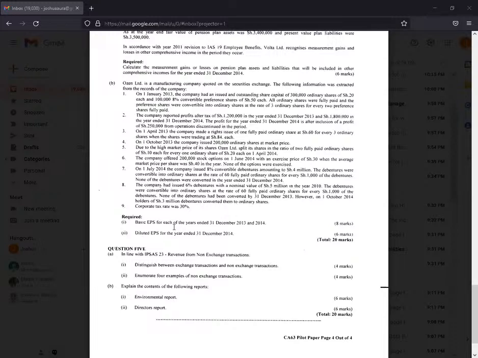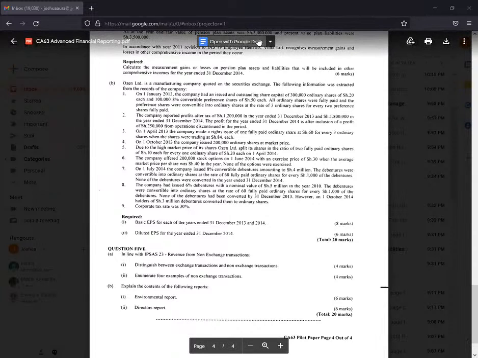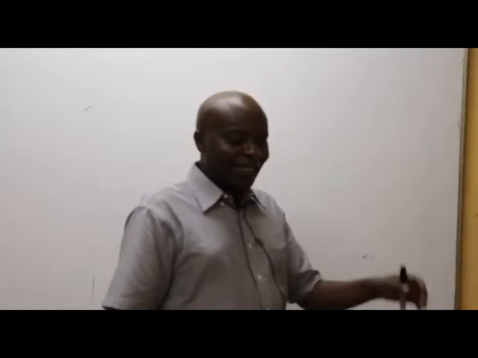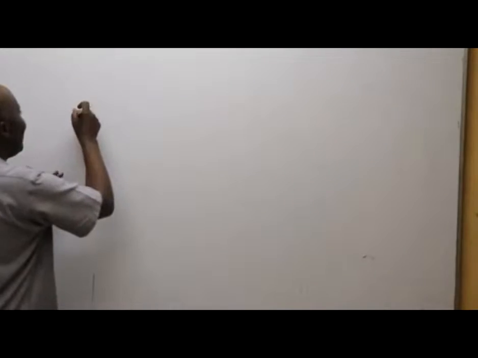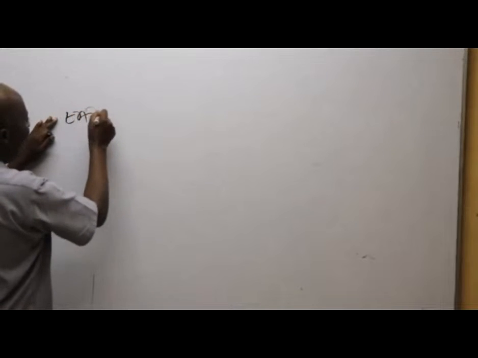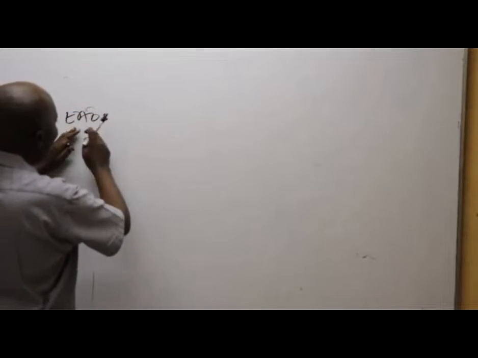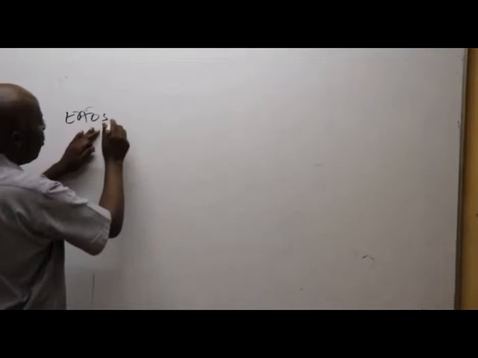So they want me to give them basic EPS for each of the years ended 31st December 2013 and 2014. Low-hanging fruits, I can see three of them. Number 1, I can see the rights issue. Number 2, the EROs, earnings attributable to ordinary shareholders.